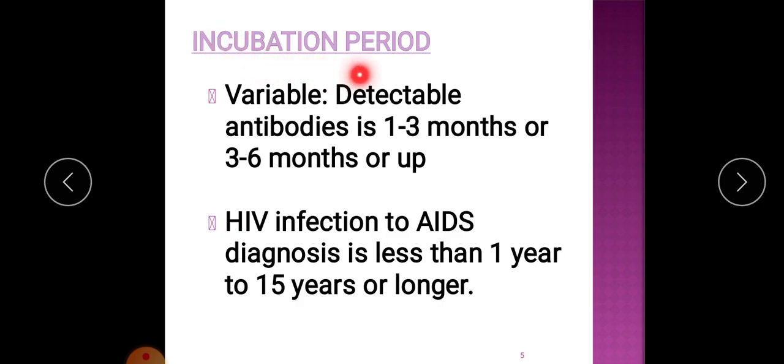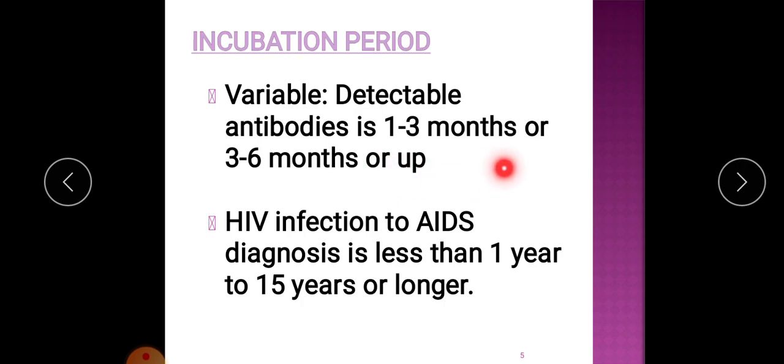When we say incubation period, it is the time when the virus can be detected in an HIV test. The detectable antibodies are variable: 1 to 3 months, or 3 to 6 months or more. Meaning, if we have sexual contact today, it can be detected through HIV testing after about 3 to 6 months.